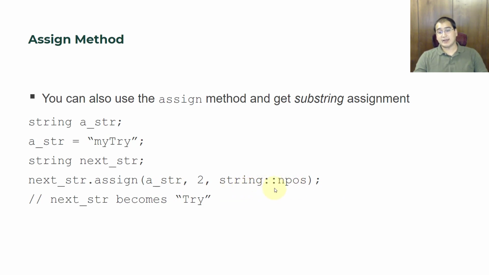This string NPOS means go till the end of the string. We'll talk more about this in the next video. What this says is basically copy this string, starting at position 2, going till the end of this string. This is another way to assign next string a particular value.